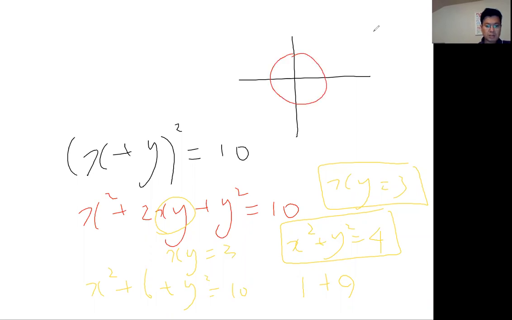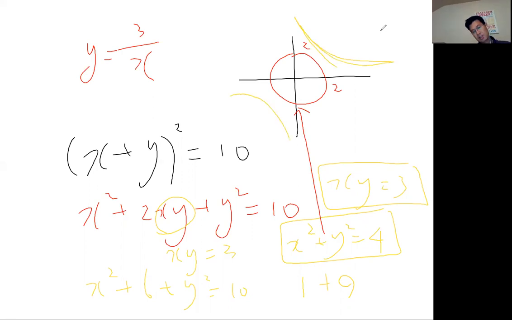This graph is a circle, because x squared plus y squared equals 4 has radius 2. And x times y equals 3 is the graph y equals 3 over x, which looks something like this. It doesn't touch the circle. That's why there's no real number solution.